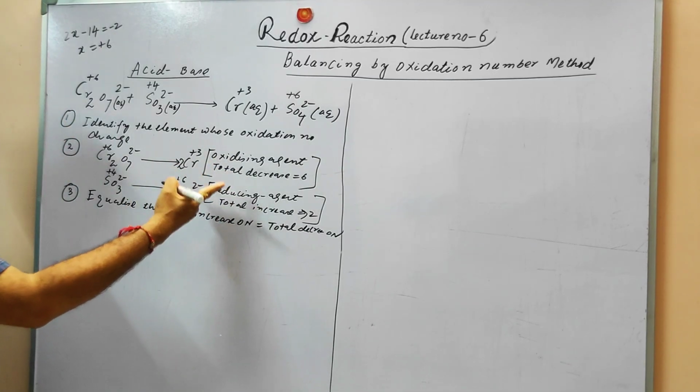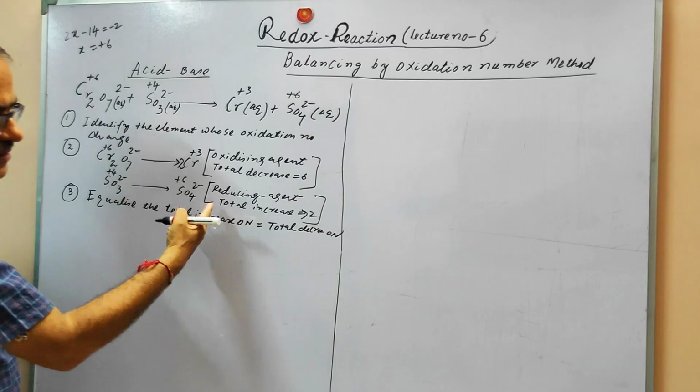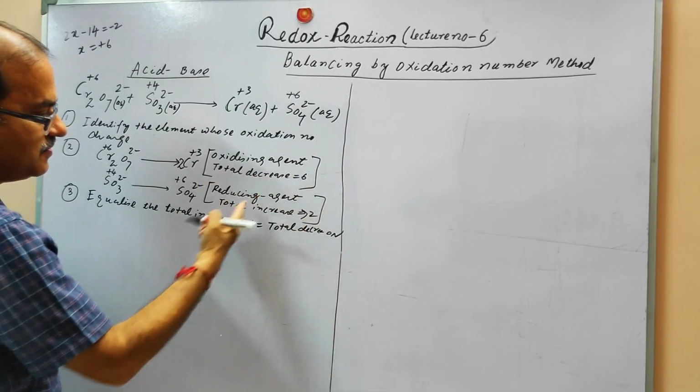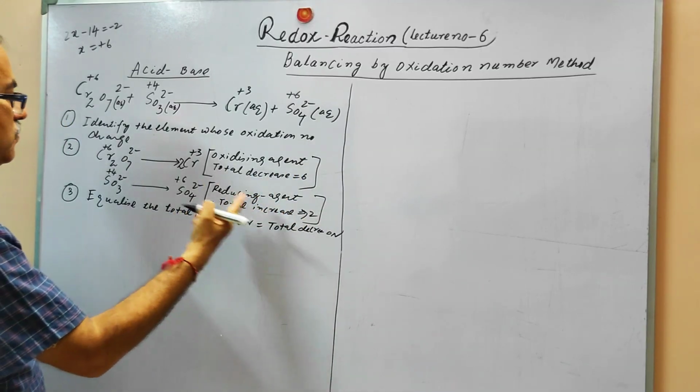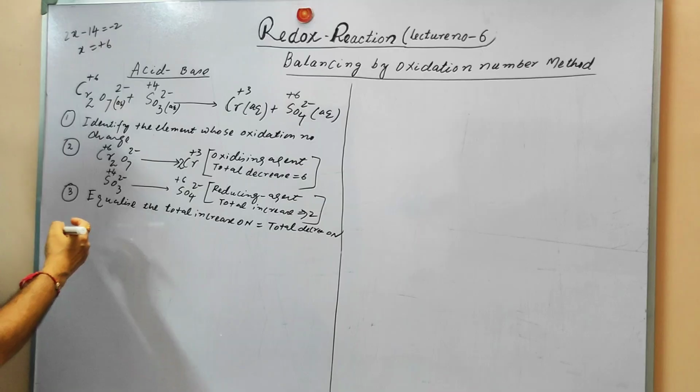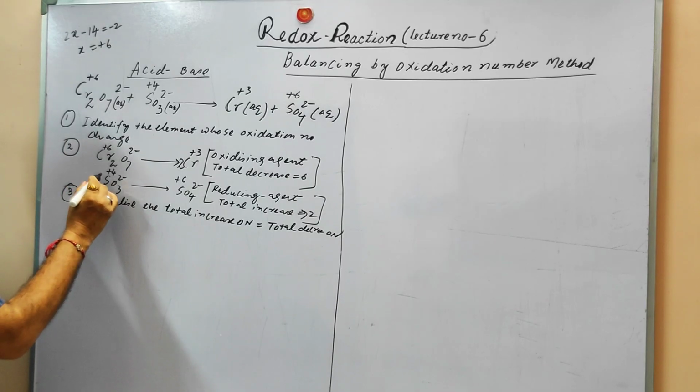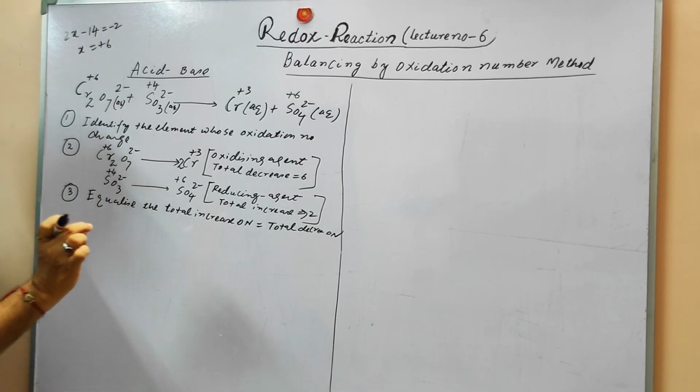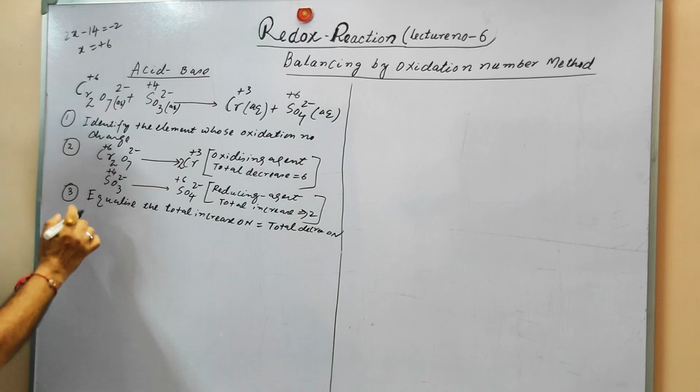So for that, here the increase is 2 and the decrease is 6. We want to make them equal, so we have to multiply with a factor, that is 3, with the SO3 and SO4.